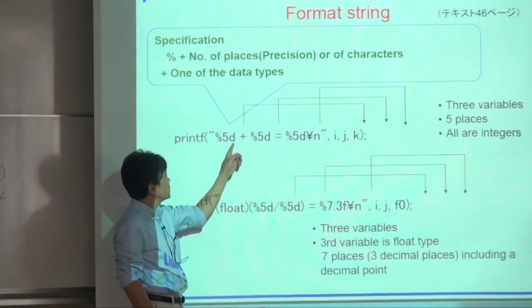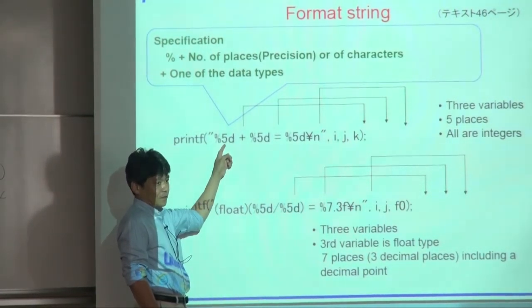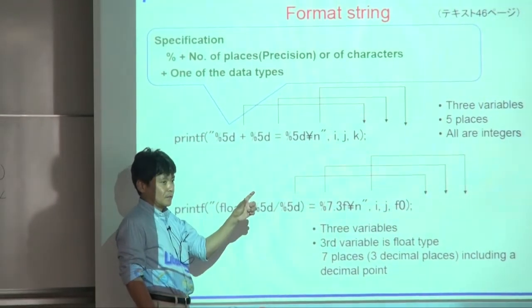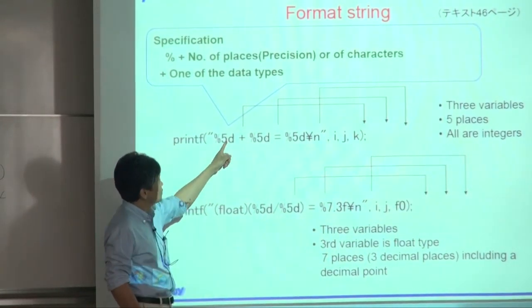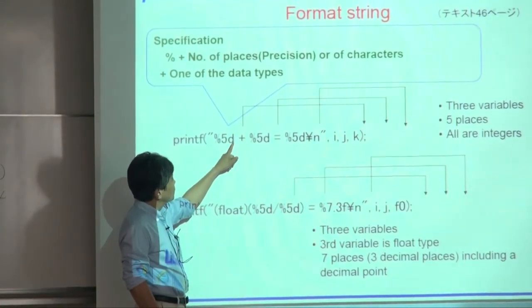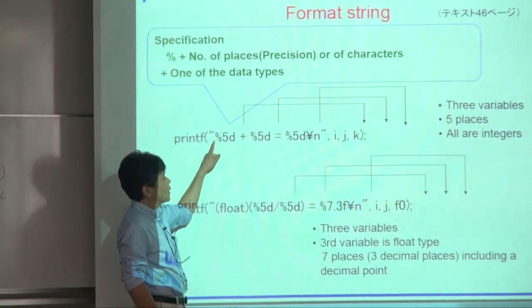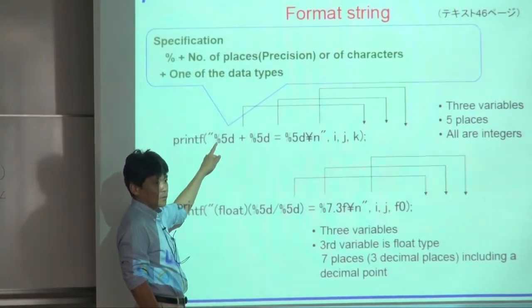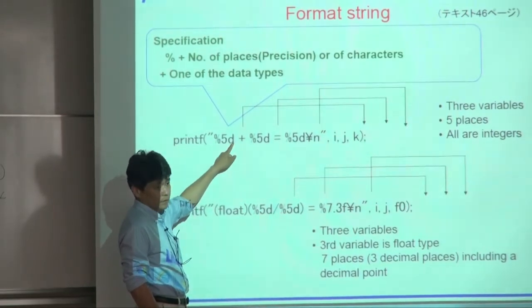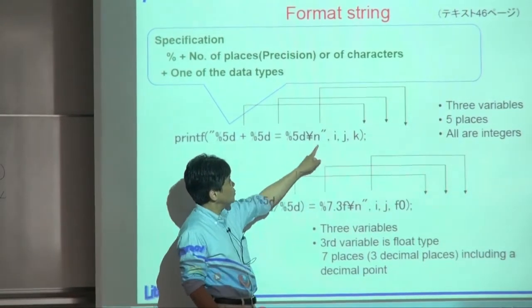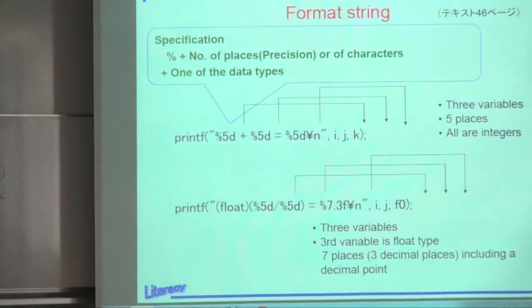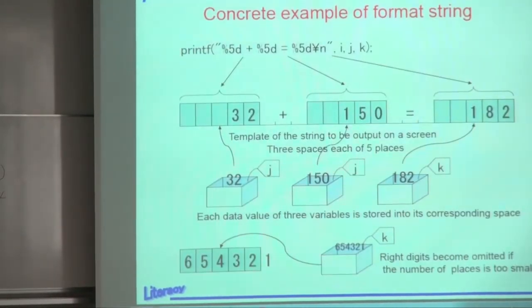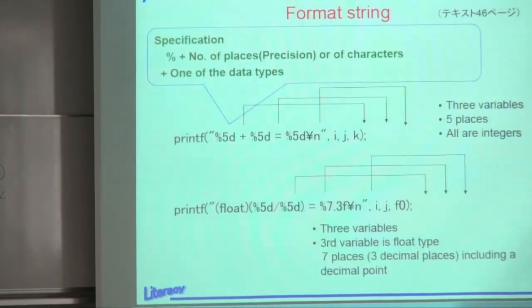Its place is here, and the number of places becomes 5. For a code string, you have to put the % mark in front of this code. So later I will show the actual example.